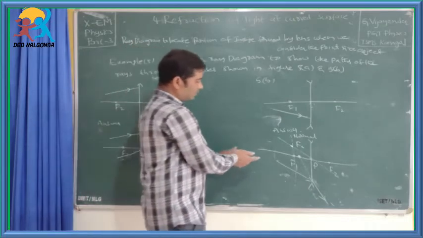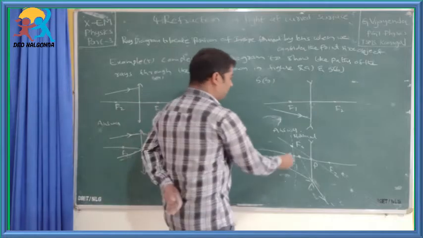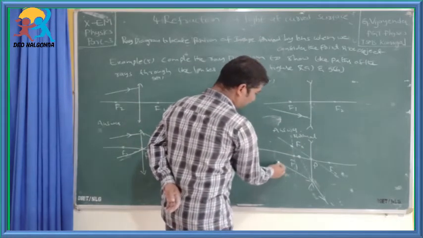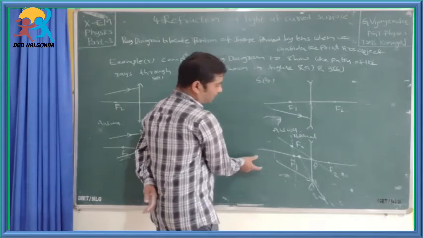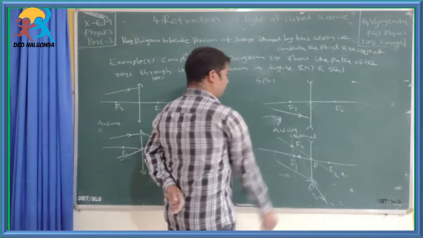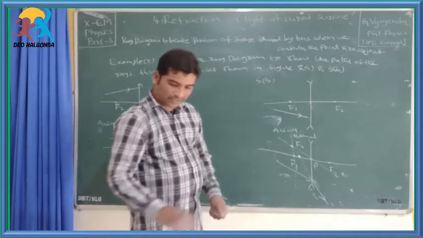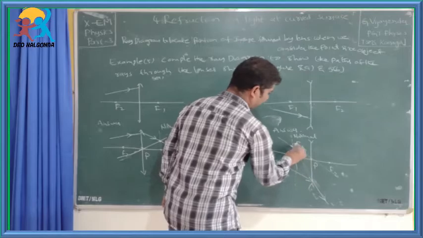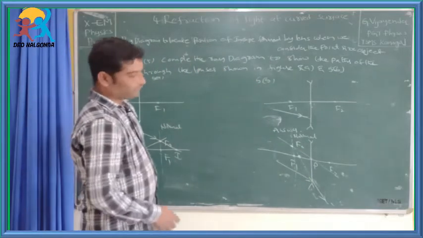If the object is not on the principal axis, the image is forming on the focal plane. Focal plane means the plane which is passing through the focal point. This is the ray diagram for both 5A and 5B.